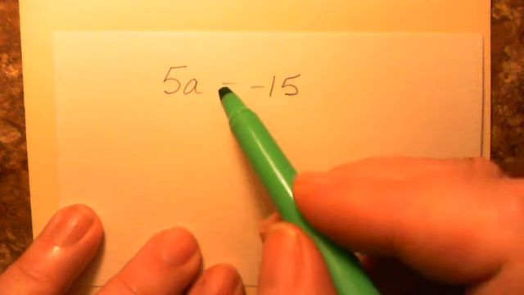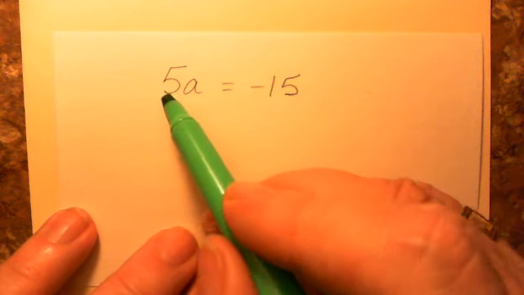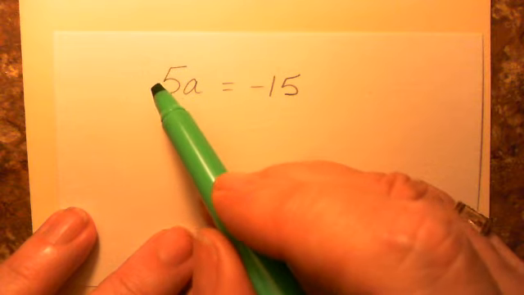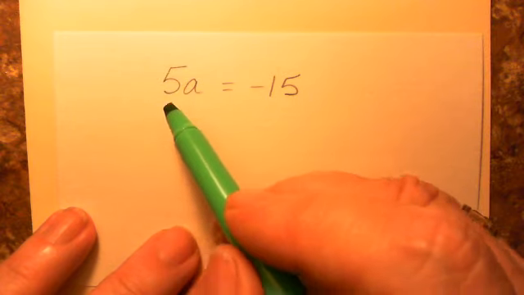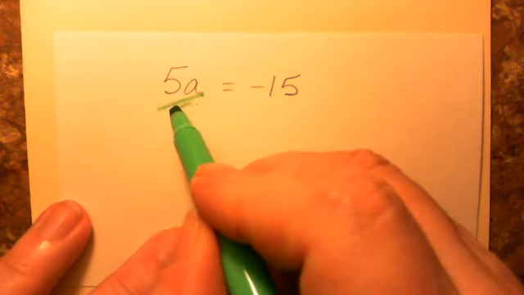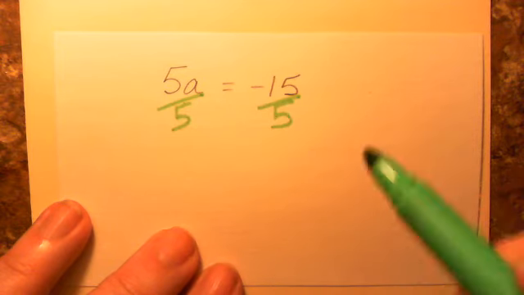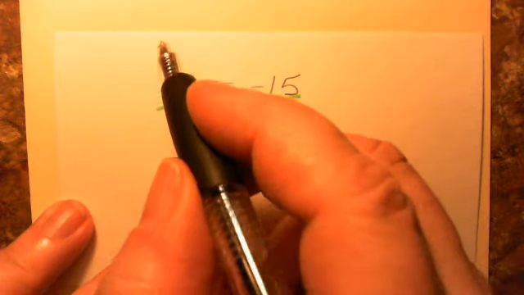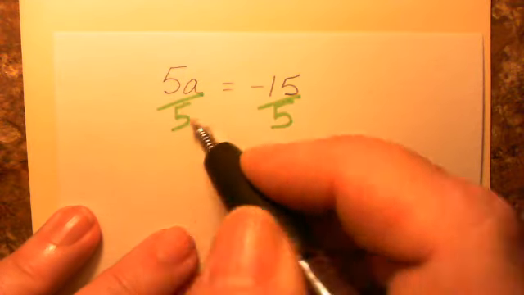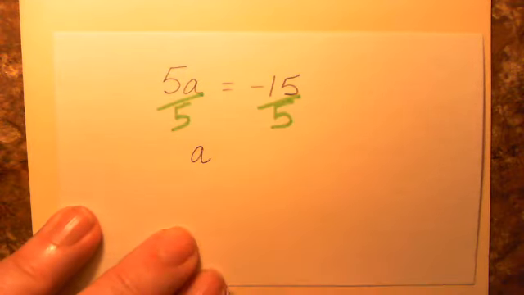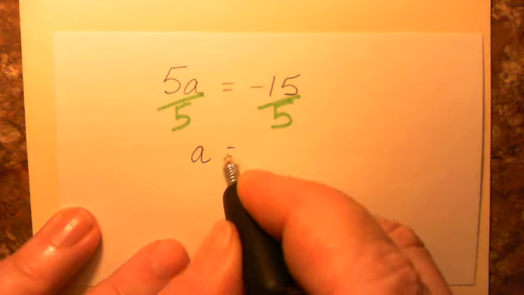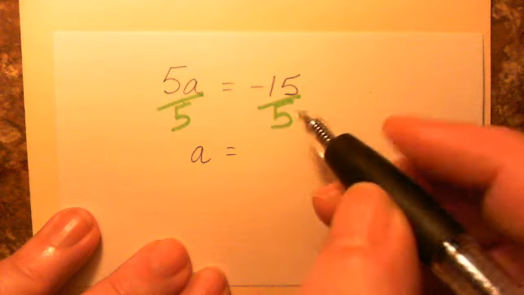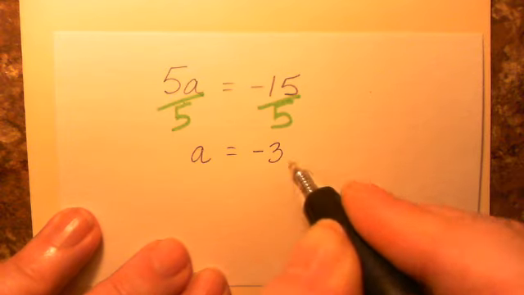The multiply principle says we could multiply by 1/5, the reciprocal of 5, but it's just easier to show divide by 5 on both sides here. We do that because 5 over 5 is 1, and that gives us 1a, and we don't write the 1, we just write the a. And on this side we do the division. Negative 15 divided by 5 gives us negative 3.